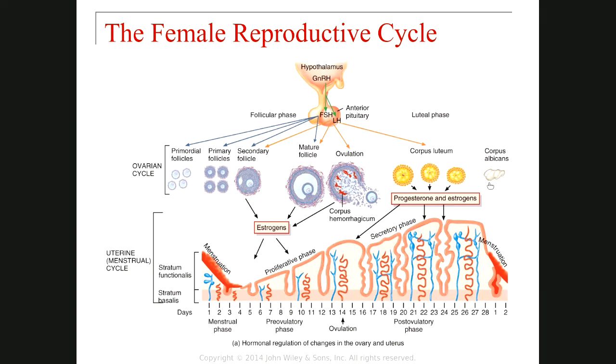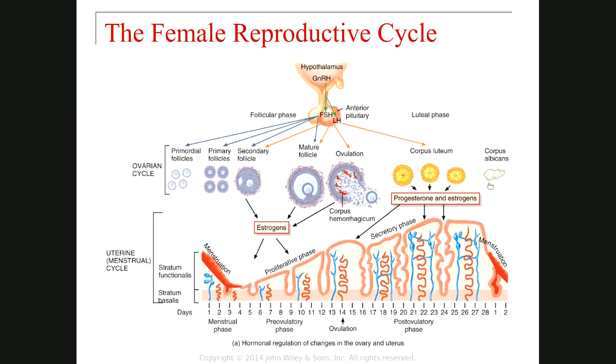If the secondary oocyte is fertilized and begins to divide, the corpus luteum persists more than 2 weeks. From the chorion of the embryo, we have release of a hormone, which is HCG, or human chorionic gonadotropin.